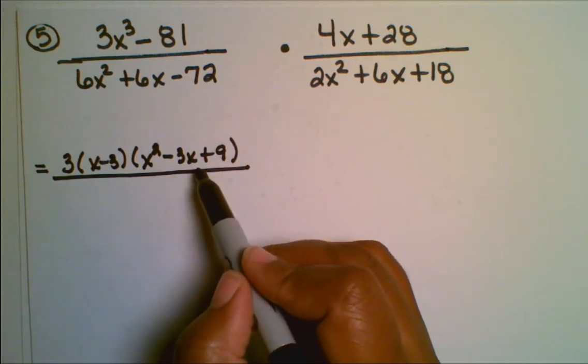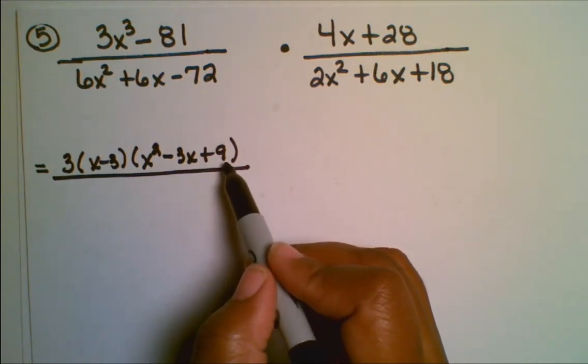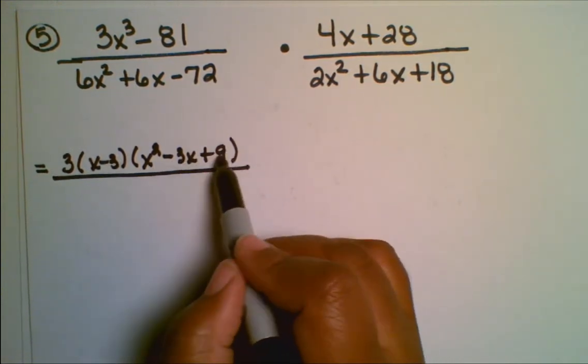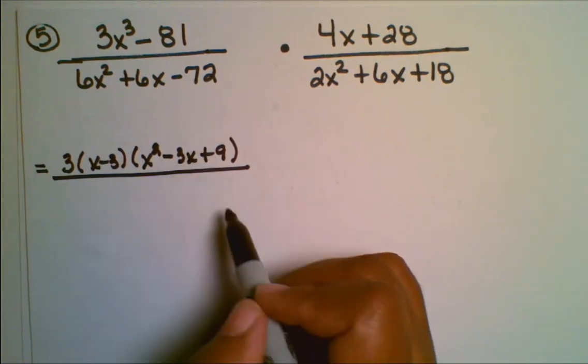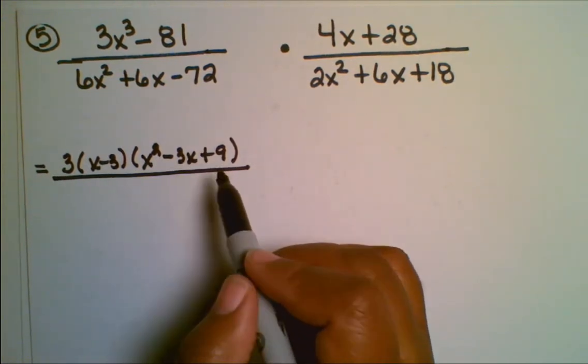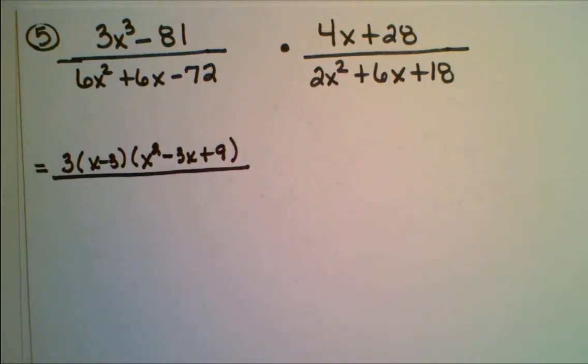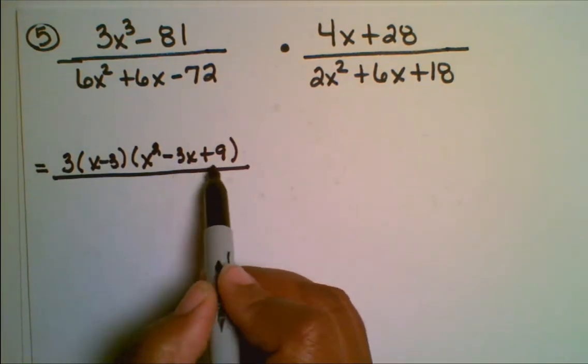Whenever we use the difference of two cubes pattern as well as the sum of two cubes pattern, the factoring method, that trinomial cannot be factored. Because think about it, what are factors of 9 that will add to give you 3? Factors of 9, 1 and 9, 3 and 3. We add those together, we will have a 10, and then we will have a 6. So this trinomial can't be factored at all.